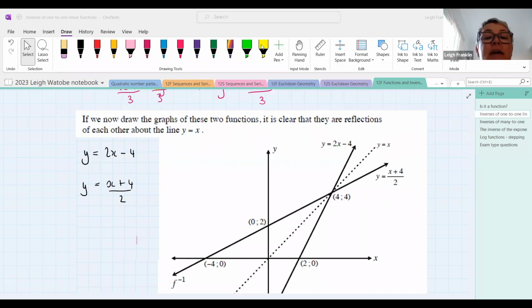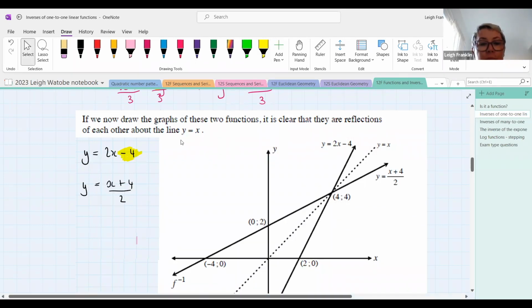As far as finding our y-intercept is concerned, what does this value that I'm highlighting in yellow tell me about this particular function? What does the minus 4 tell me about the function?